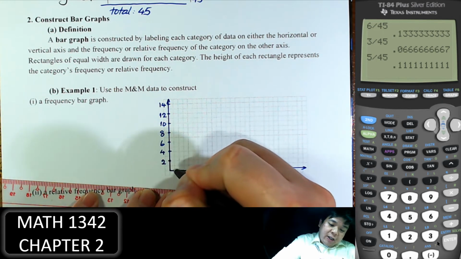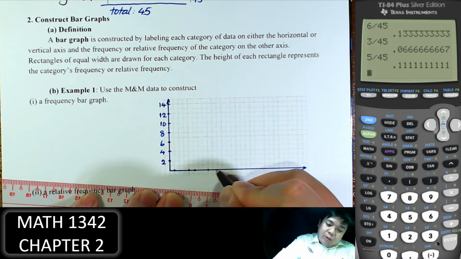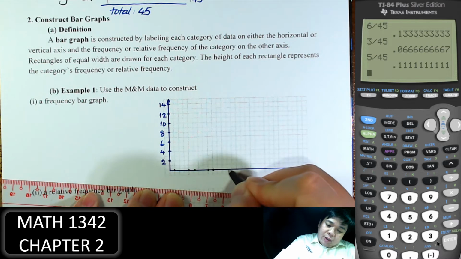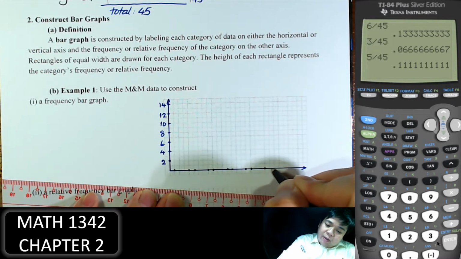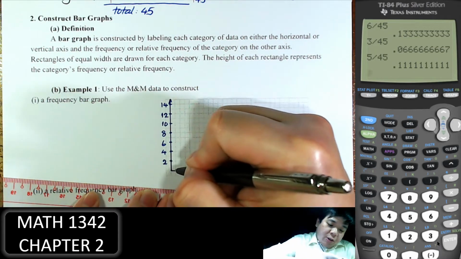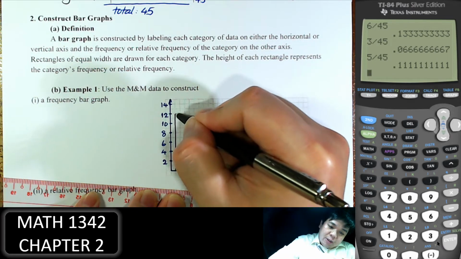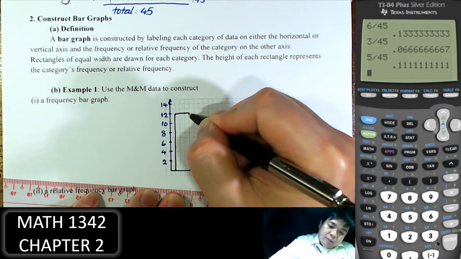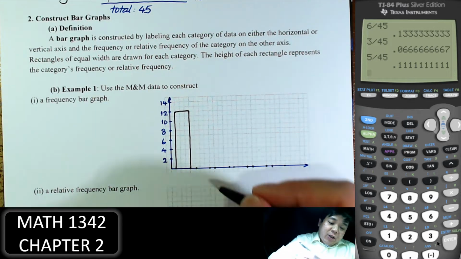Let's say 1, 2, 3, 4, 5, 6. So first we have 12 for the first one, and then next we have 10.